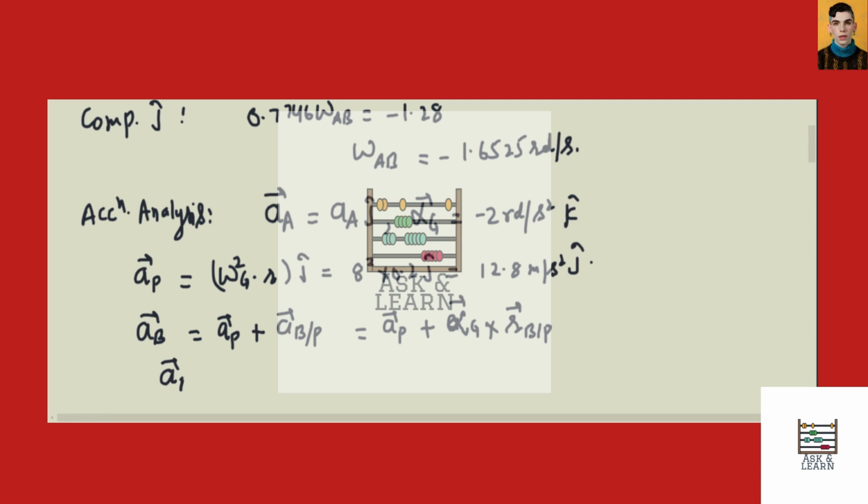So acceleration of P has the acceleration 12.8 meter per second square j cap. Angular acceleration of G is minus 2 k cap cross r BP, which is minus 0.16 i cap plus 0.2 j cap.